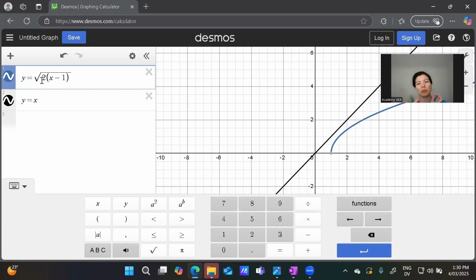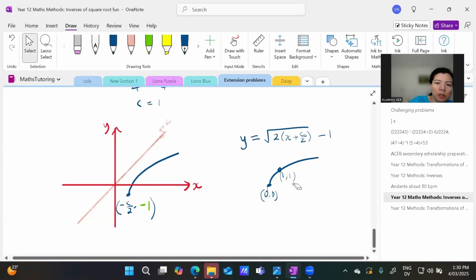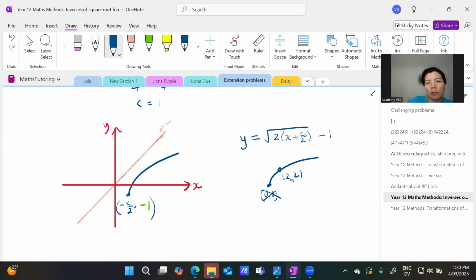And if we put the 2 out front there, what that means is, if you look closely, if I take 2 steps to the right, actually, it'll be 2, 2. That's probably the best way of thinking about it. So instead of being a 1-to-1 like so, it's going to be a 2-to-2 like so. Obviously, these might be different, but the difference is from here to here, a change of 2.